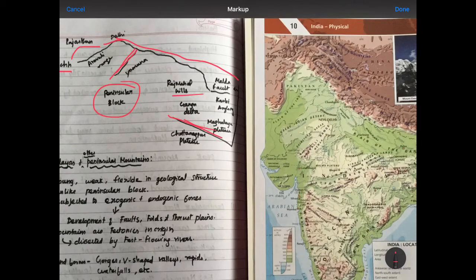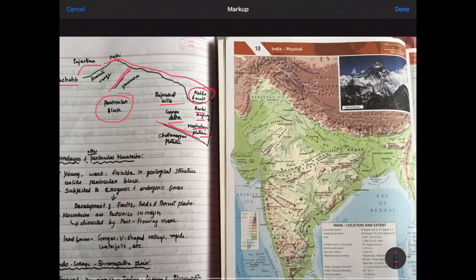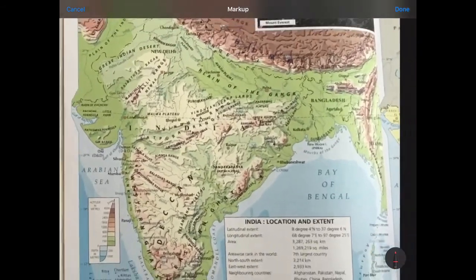So this covers Rajmahal Hills, Ganga Delta, and Karbi Anglong in the northeastern states and Meghalaya plateaus. And this peninsular block is differentiated from the Chota Nagpur Plateau by the Malda fault. So let us see the same on the map also.